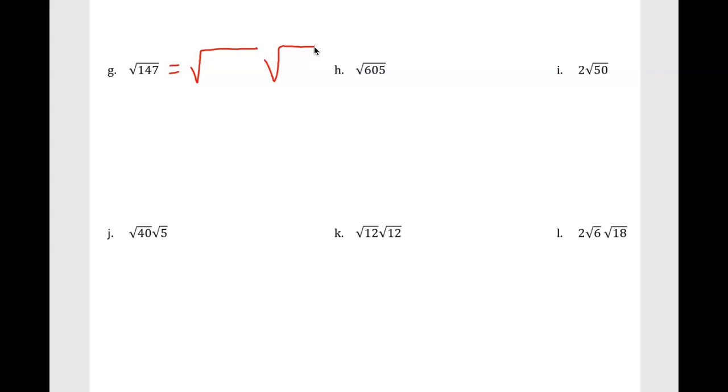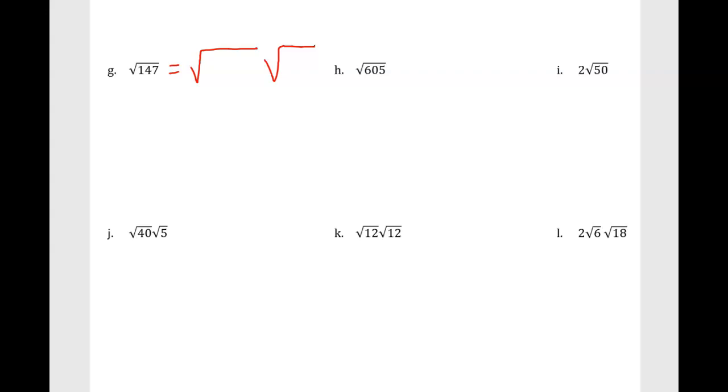So what you're going to do is take 147 and start dividing it by the perfect squares. When you divide it by perfect squares, you want to start at the highest perfect square, not the lowest.